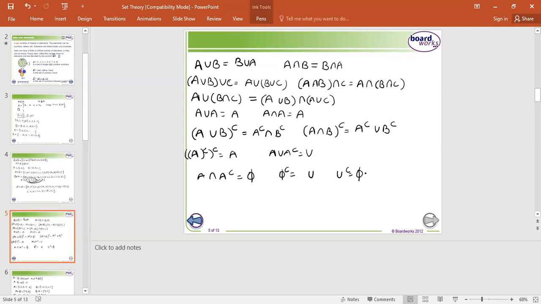Okay, properties of the universal set. A union universal set, we will get the universal set.